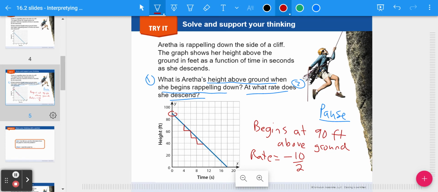And that can reduce to negative 5 or negative 5 over 1. So she's going down 5 feet every 1 second. And that's our rate. Those 2 things are the most important things when we are dealing with a linear situation: where you begin, the initial value or starting value, and what the rate of change is.